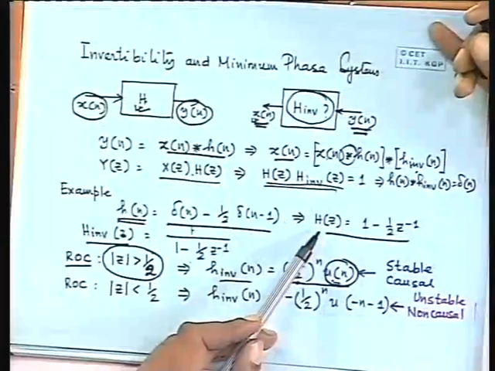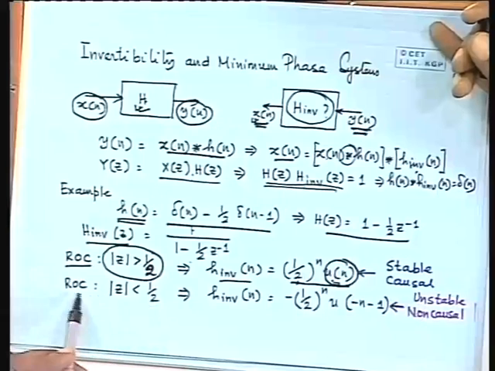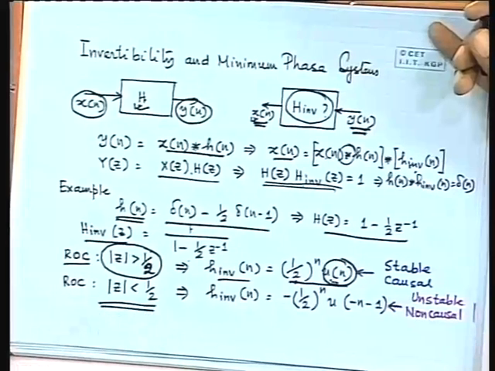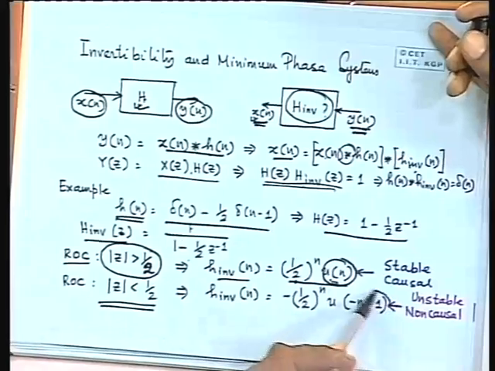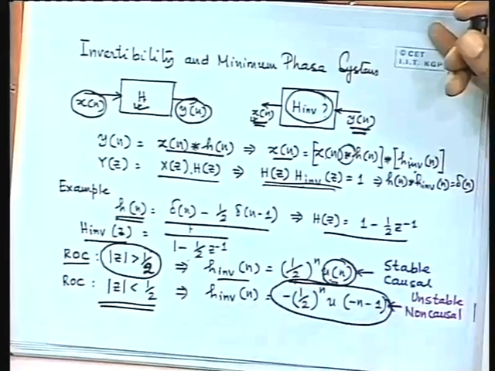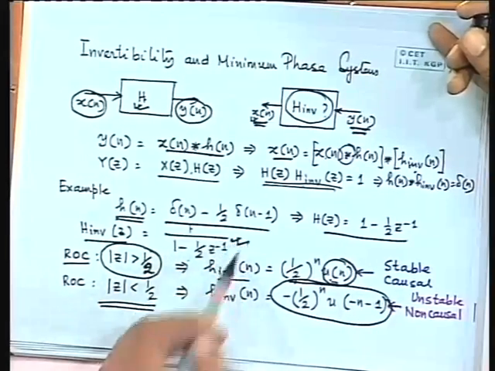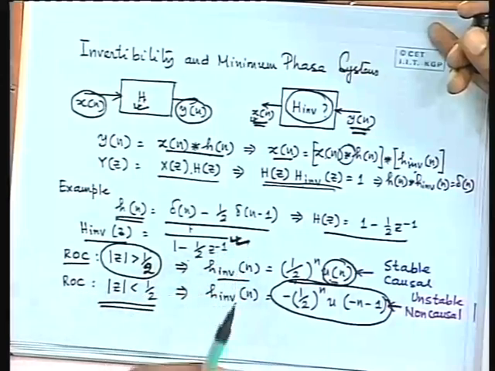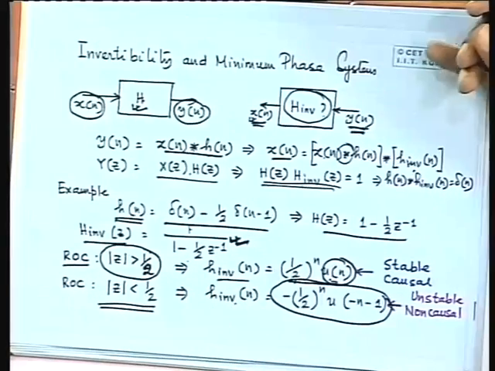But you can do this exercise yourself: if you assume that the region of convergence is this, then you can find that this H inverse(n) will give this H inverse(z).